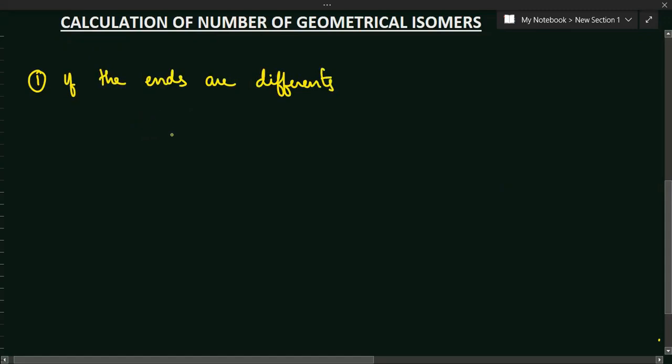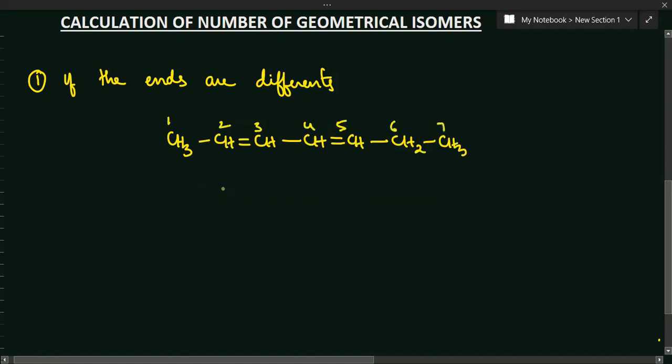For example, there is a compound, a conjugated alkene, with IUPAC name hepta-2,4-diene.